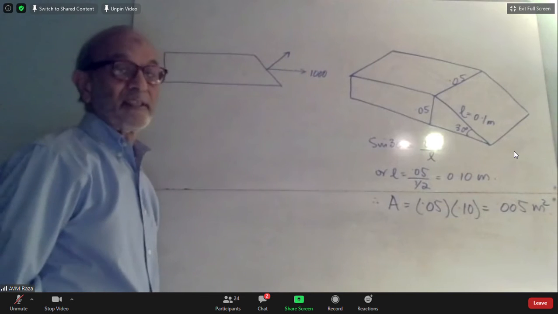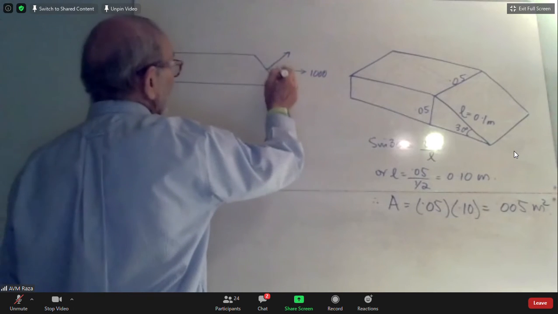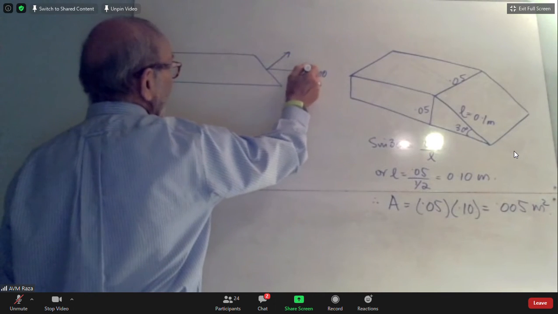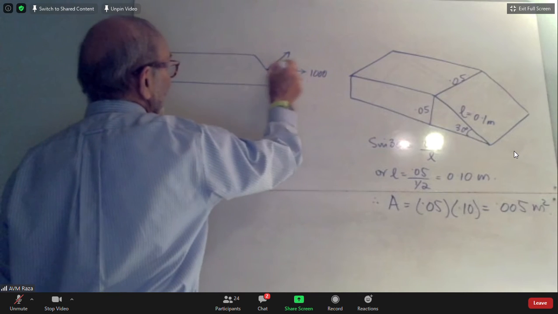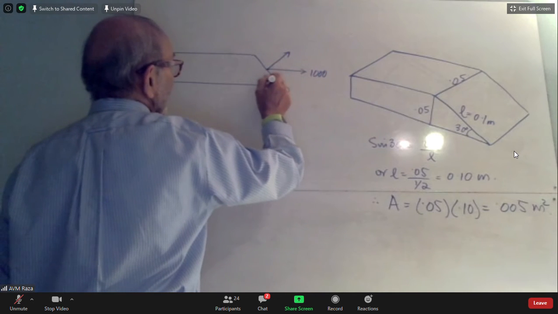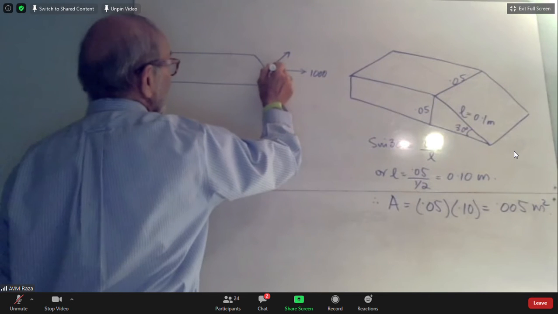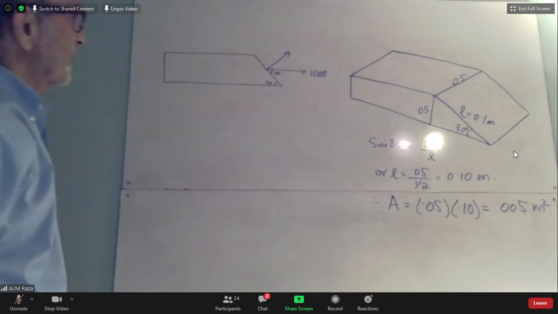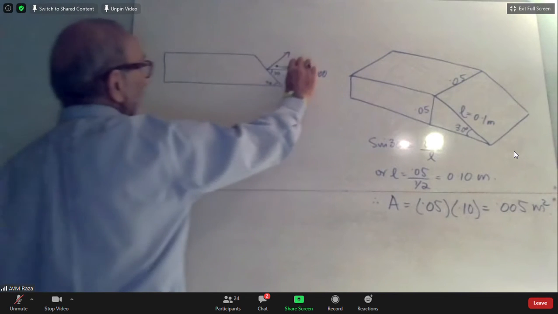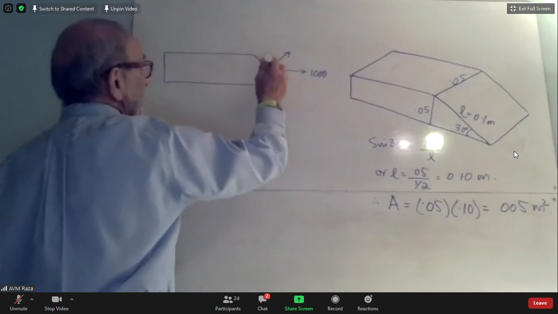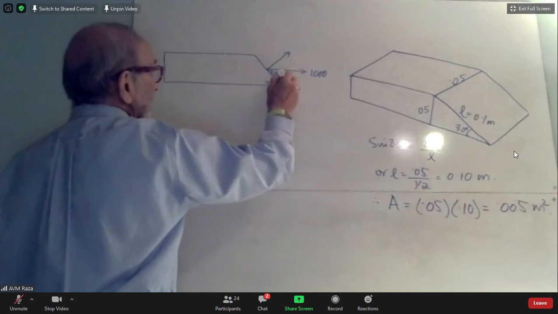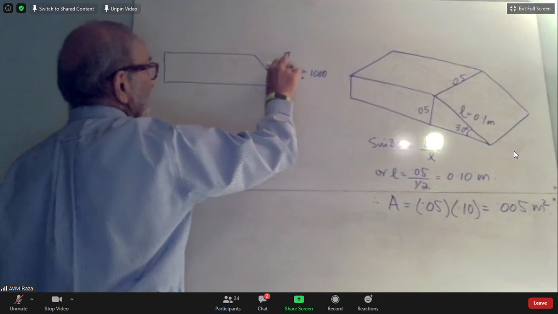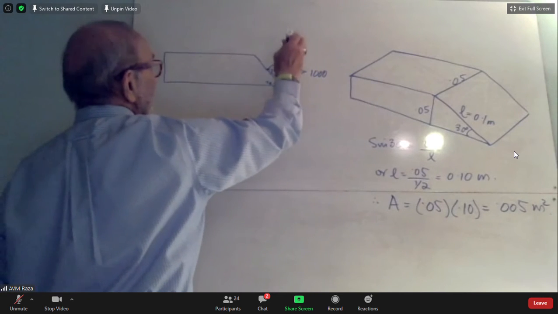You see what I'm saying? So if I divide this given 1000 force, if this is 30, then this is also going to be 30, alternate angles. So 1000 cosine of 30 will be this force, and 1000 sine of 30 will be this one.